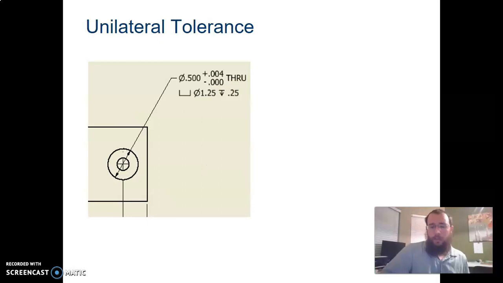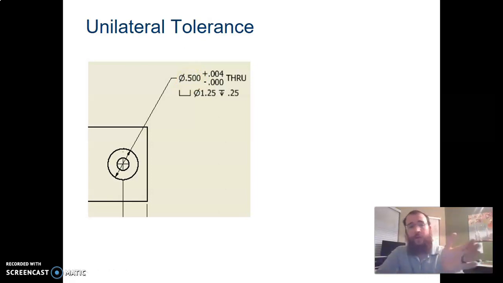A unilateral tolerance gives the dimension that is desired and a little bit of play in one direction, not in the other direction. It's uni, meaning there's only one direction in which the dimension can change. So in this case, it could be slightly larger than desired, but not slightly smaller. According to this it could be 0.500, 0.5001, 0.5002, 0.5003, 0.5004.